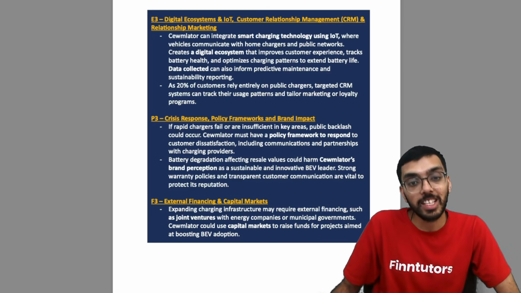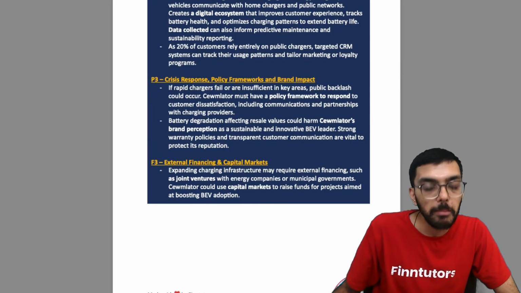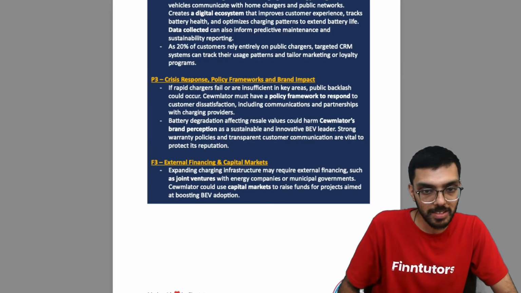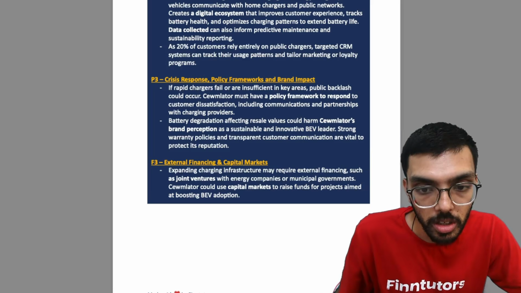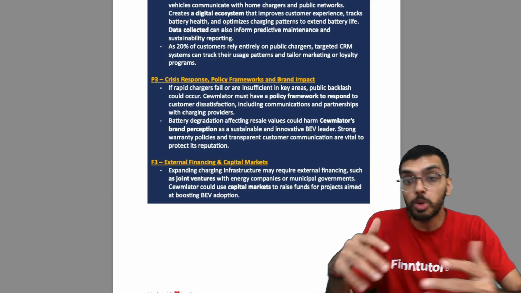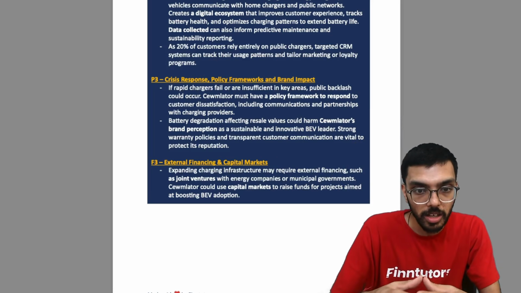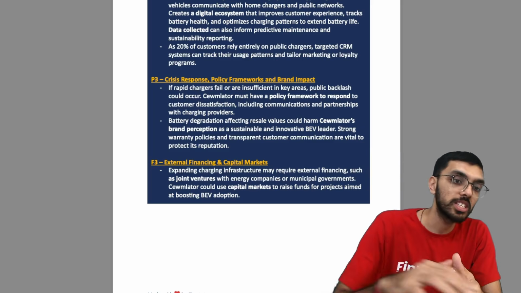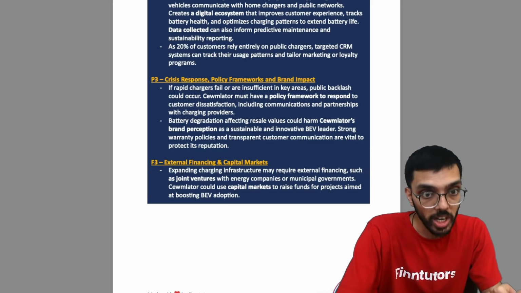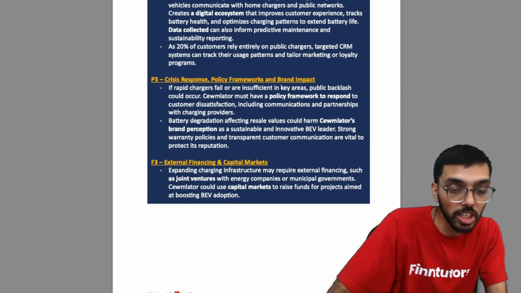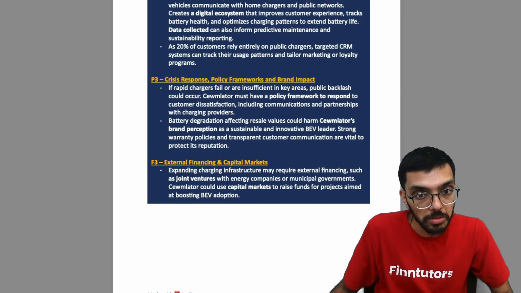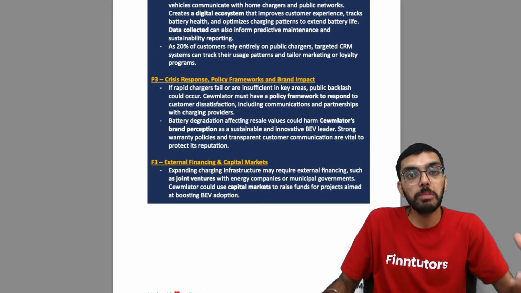Again, overall, expanding your charging infrastructure may require external financing, maybe setting up a joint venture with energy companies or municipal governments together. So for this, your external financing comes into the picture, your joint ventures come into the picture, dealing in a public-private partnership comes into the picture. You see, so many different avenues are being considered.